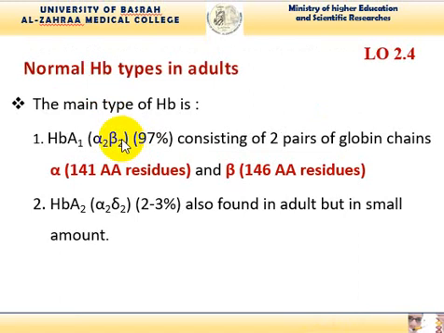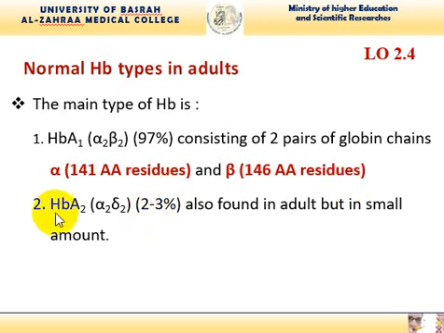What are the main types of hemoglobin? The first one is hemoglobin A1, which is alpha 2 beta 2, representing about 97% of total hemoglobin, and consisting of 2 pairs of globin: the alpha pair with about 141 amino acid residues, and the beta pair with 146 amino acid residues.